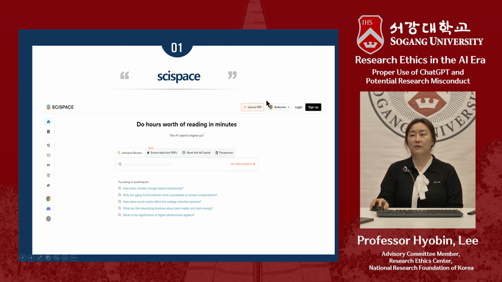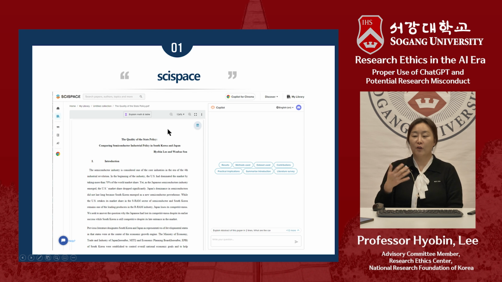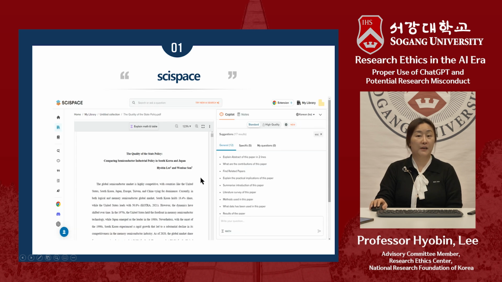If you push this button, there are a lot of options. Explain abstract of this paper, what are the contributions, find related papers, explain practical implications of this paper. So if you have to understand this very deeply, I strongly recommend using SCI Space. So I click the button, what are the contributions of this paper, and it shows the contributions of this paper.